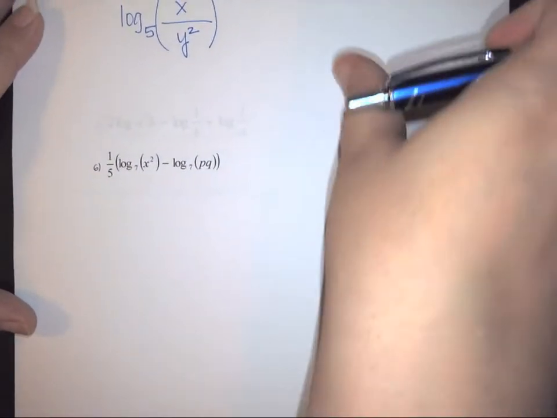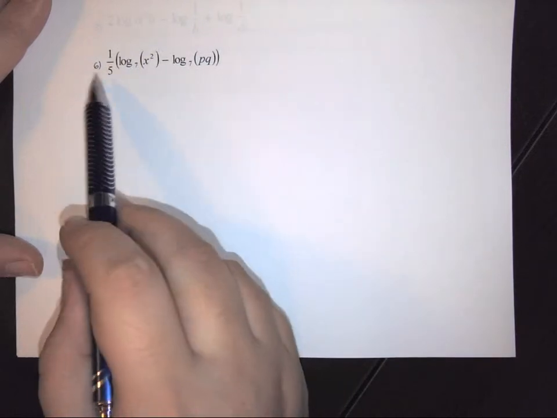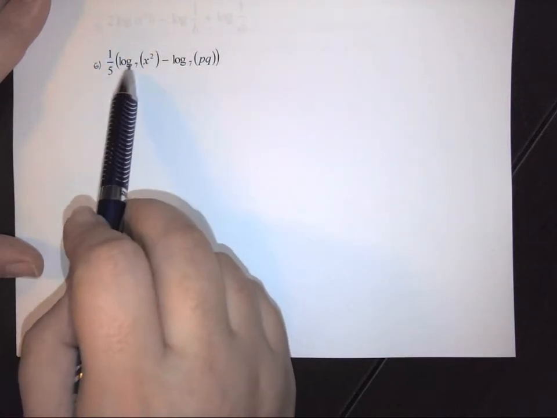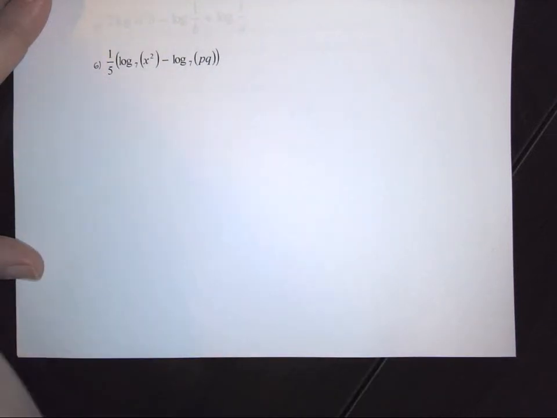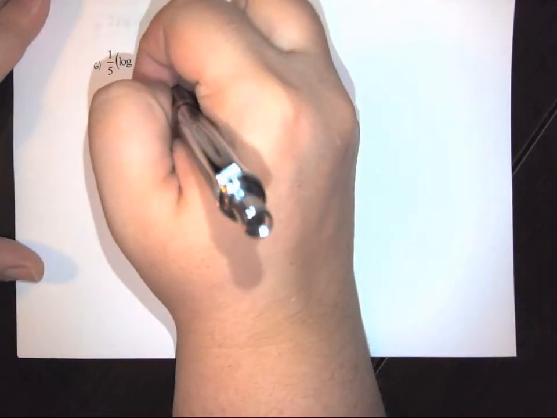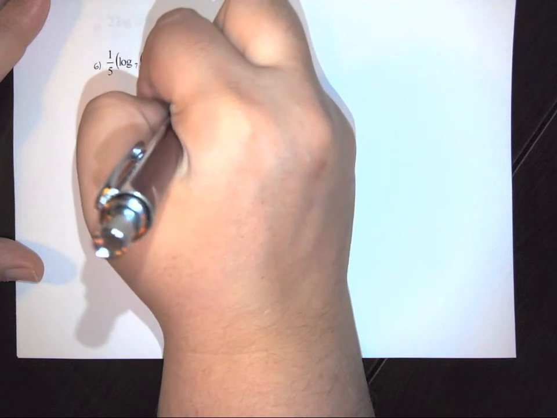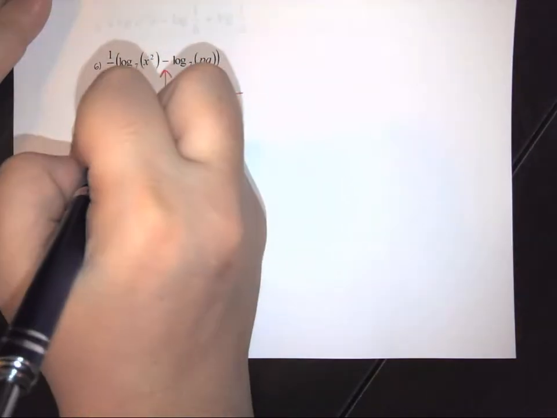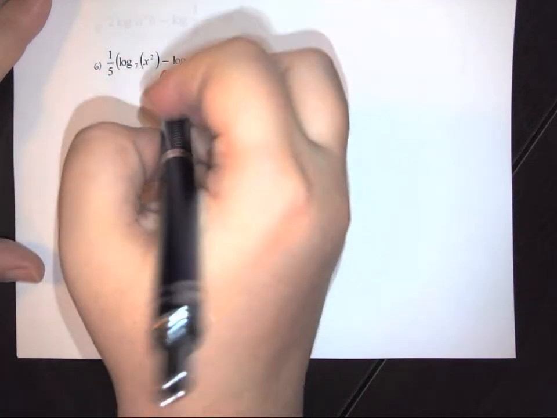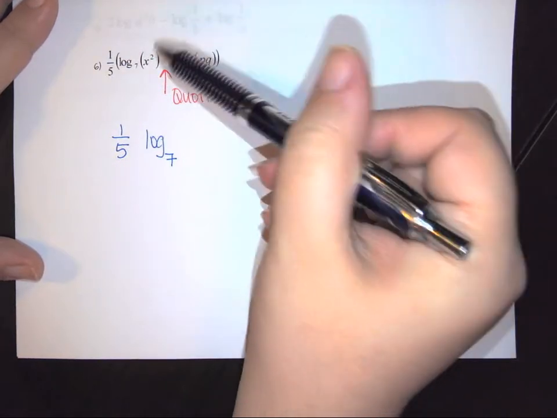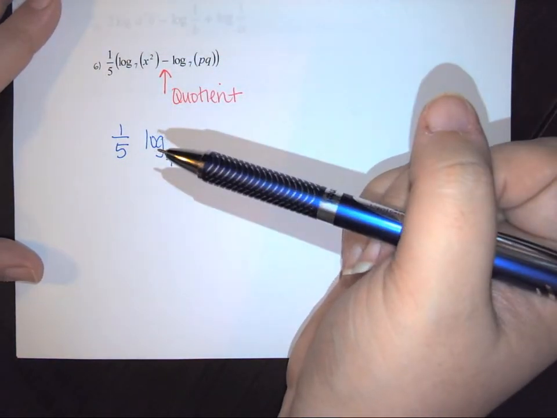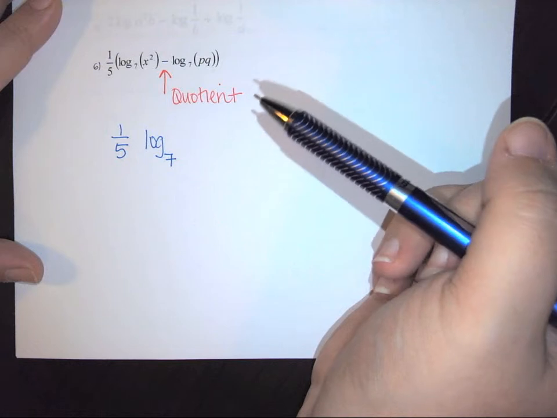Let's look at one that's got a little bit more to it. So here I have something going on the outside, but then I have this stuff on the inside. So you need to do the inside first, which means the first thing we're going to apply is your quotient rule. So I have 1/5, and then this is going to be the log base 7. Remember, this first term makes the numerator and the second term makes the denominator.